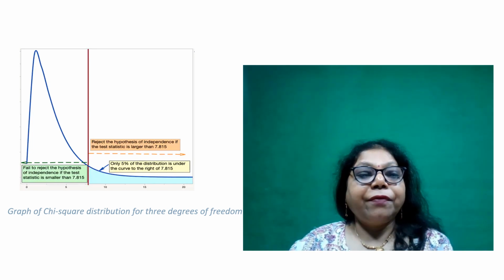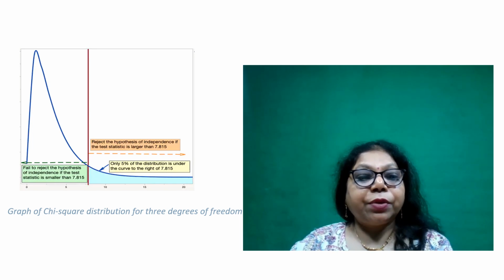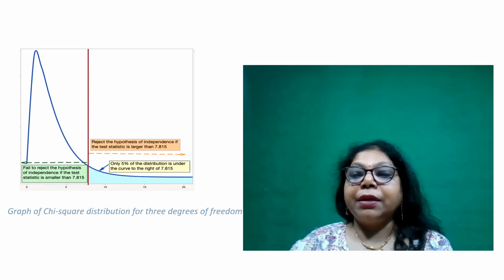Understanding this graph of the chi-square distribution, we need to understand p-values also. The graph shows the cutoff value of 7.815, with 95% of the data below it, and only 5% of the data from the chi-square distribution with 3 degrees of freedom is greater than 7.815.